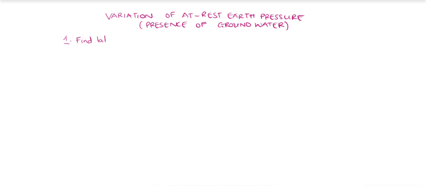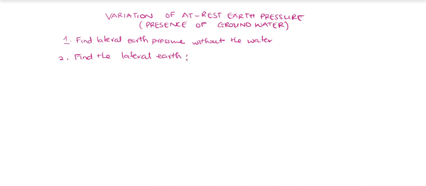In this case, the first thing that we do is find the lateral earth pressure without the water. So that's the first thing that we'll do. Then the second thing is that we'll find the lateral earth pressure that is produced by the water.